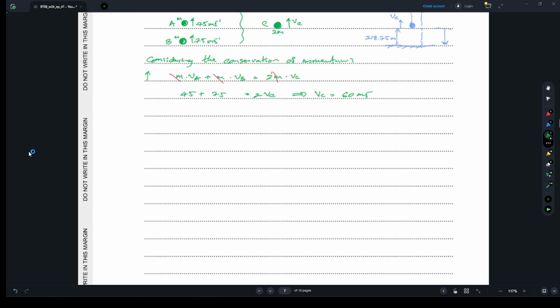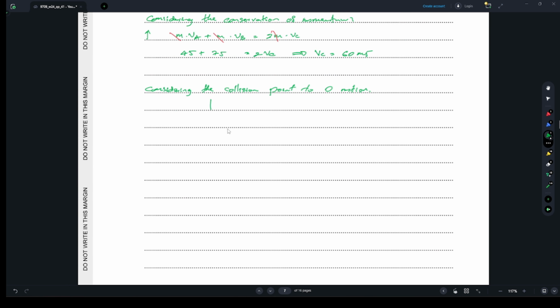So what I'm going to do here, considering the collision point to be O, I'm going to apply s equals ut plus half at square, because they are asking the time.